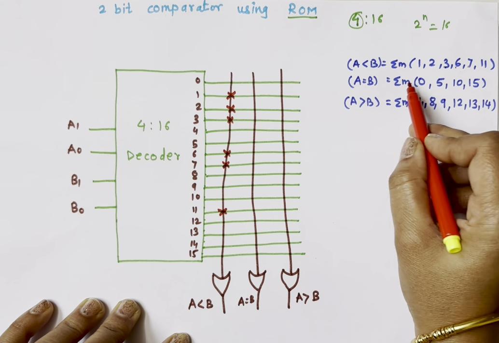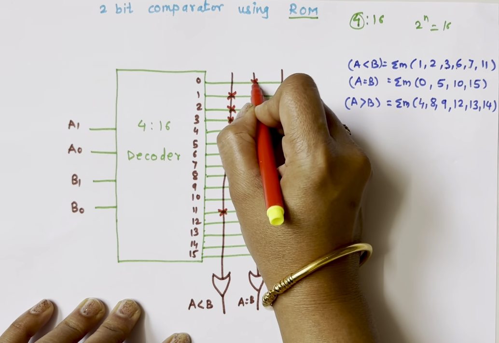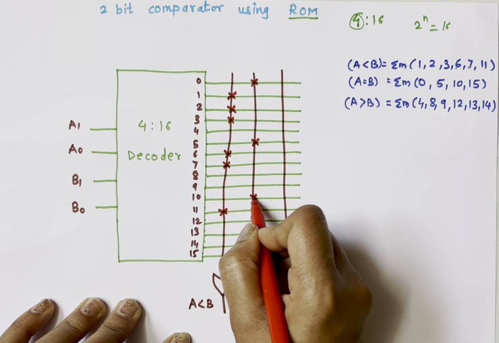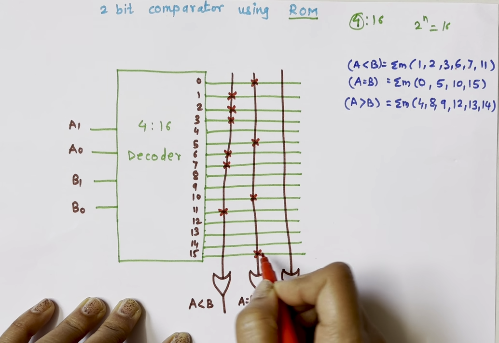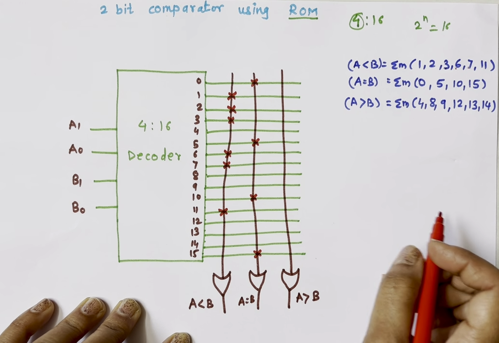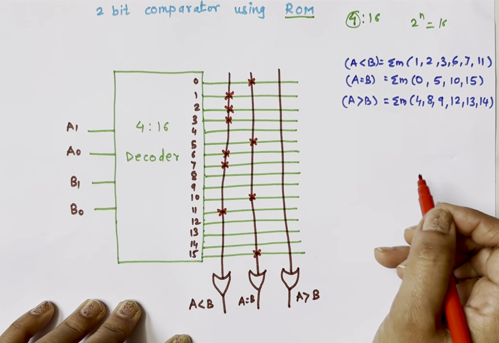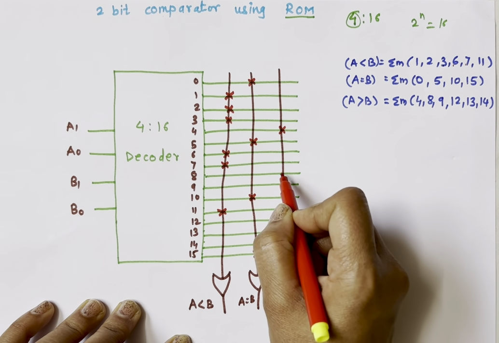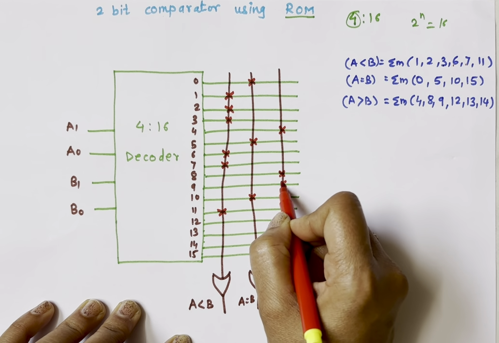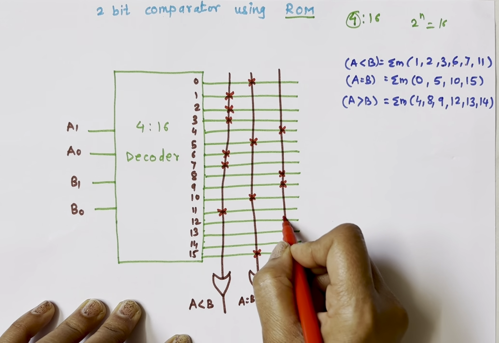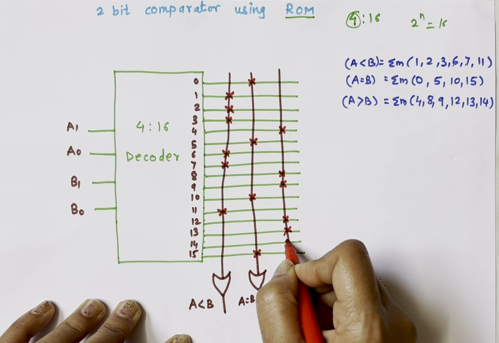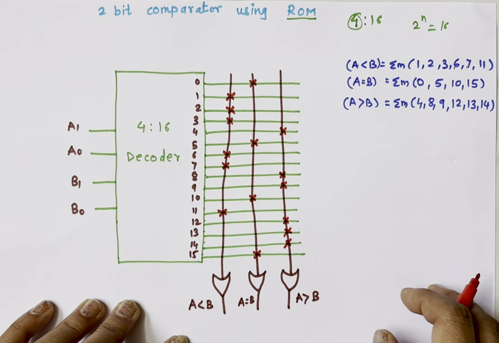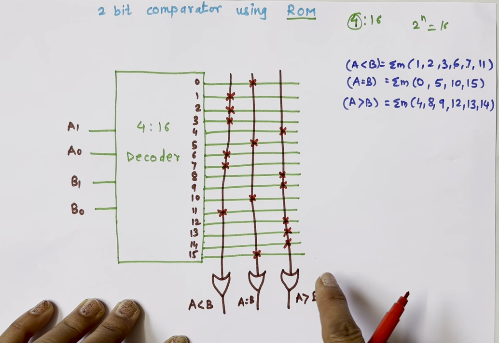For A equals to B, 0, 5, 10 and 15. And for A greater than B, 4, 8, 9, 12, 13 and 14. And this is implementation of 2-bit comparator using ROM.